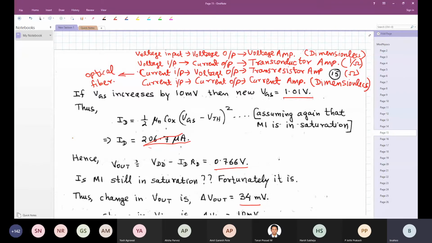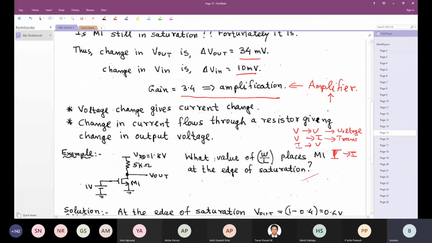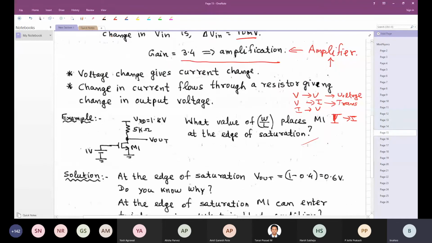Okay. So now I had told you what value of W over L places M1 at the edge of saturation. Now, what is the definition of edge of saturation? This means VGD equals VTH. The channel is pinched off right at the drain.